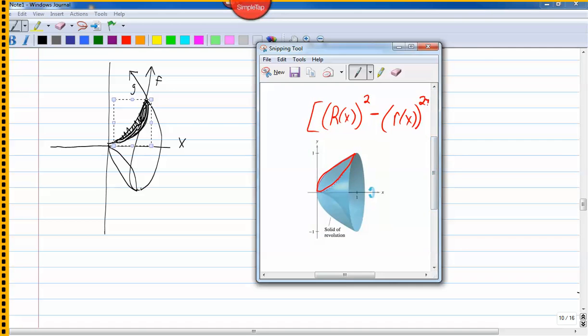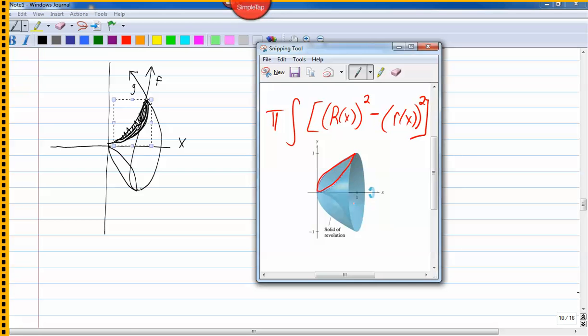So the formula is pi times the integral of the outer radius squared minus the inner radius squared. This minus the inner radius squared is subtracting all of this stuff in here that you don't want, or that's not in the figure.